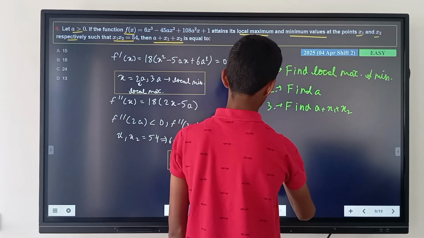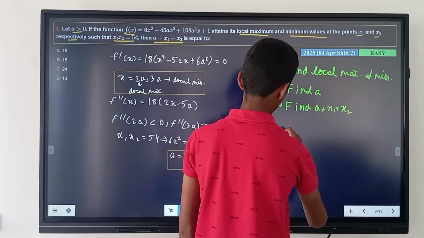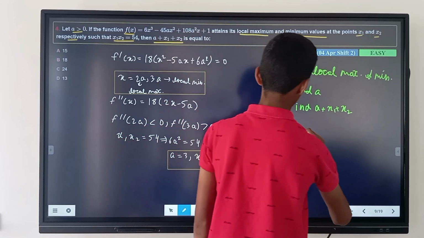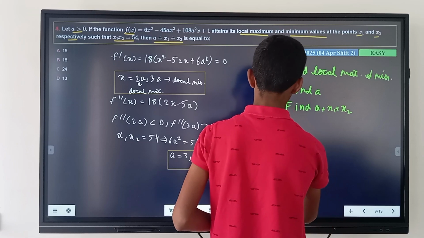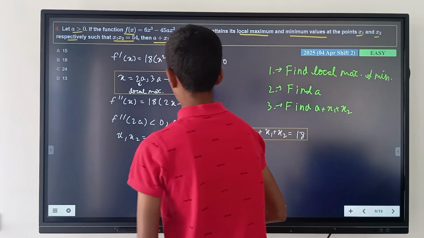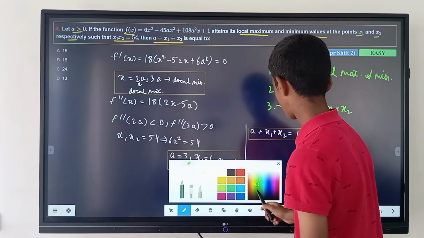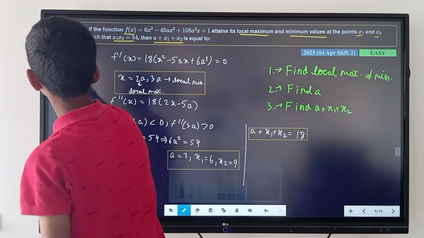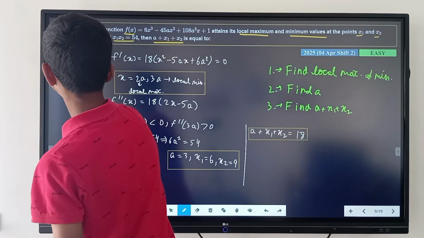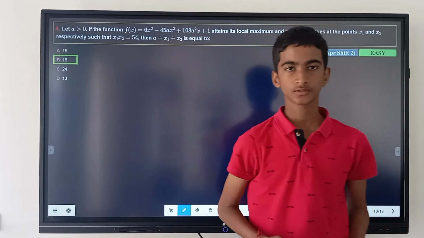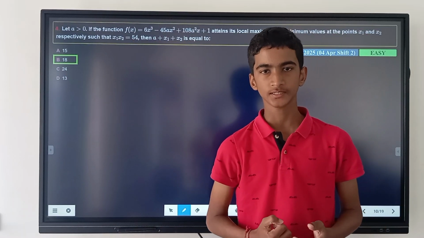So from here, our a plus x1 plus x2 is equal to 3 plus 6 plus 9, which is 18. From here, our answer will be option B. And here is our solution, and we can see that our answer is correct.